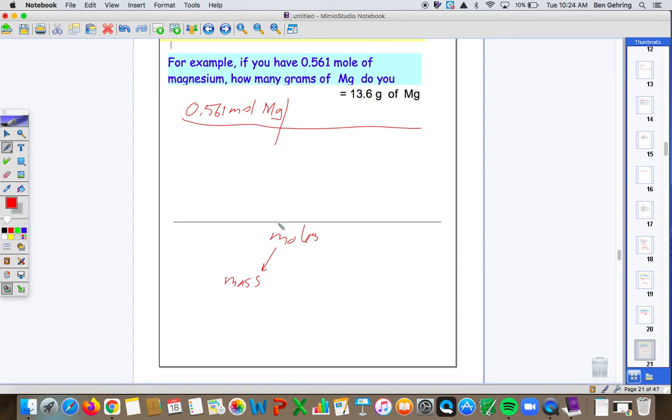So if we're going down, the thing on top here was molar mass. And so we have to multiply by the molar mass of magnesium. If we look at the periodic table, mine says 24.305. It's going to be grams of Mg divided by 1 mole of Mg. Multiply these two out, you should get 13.6 grams of magnesium.